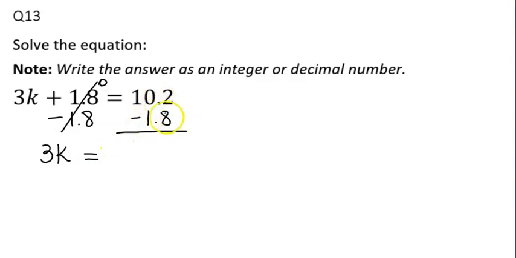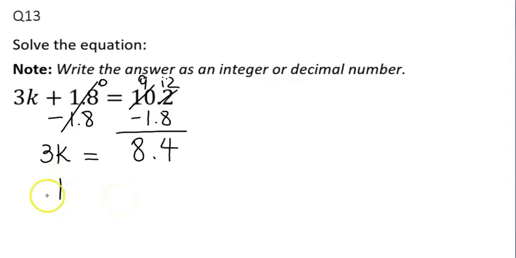I cannot take away 8 from 2. I borrow, this becomes 9, and this becomes 12. 12 minus 8 is 4. 9 minus 1, 8. Positive or negative? Positive, because the bigger number is positive.